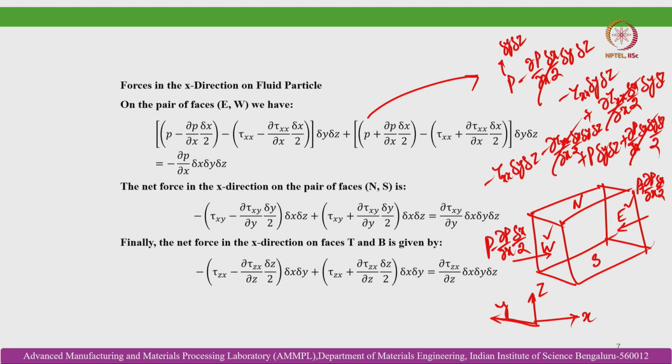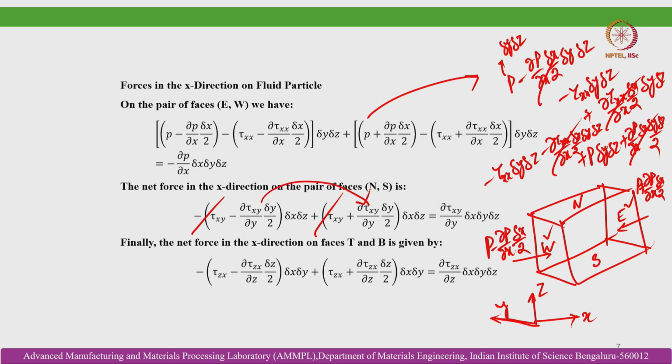So it is coming as minus (τyx minus ∂τyx/∂y into δy/2) into δx δz plus (τyx plus ∂τyx/∂y into δy/2) into δx δz, which becomes equal to... Here you can see this term gets cancelled with this term, and this becomes additive to this term.